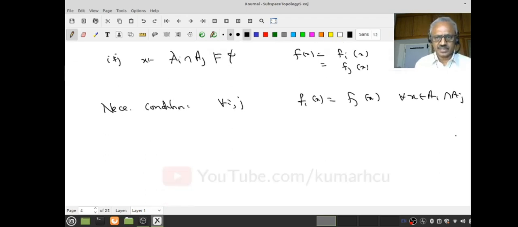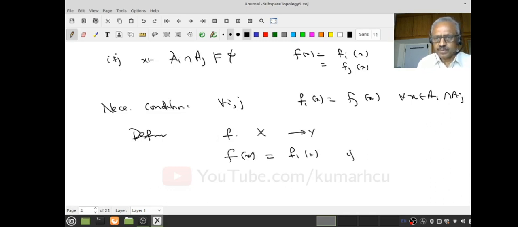Do you understand this? Now we define f from X to Y simply by saying f(x) equals f_i(x) if x belongs to A_i. Notice that since X is the union of the A_i, given x in X, there is at least one i such that x belongs to A_i. So I simply define f(x) to be f_i(x).